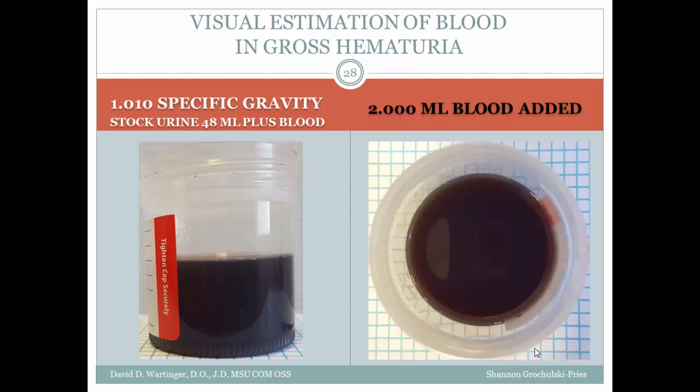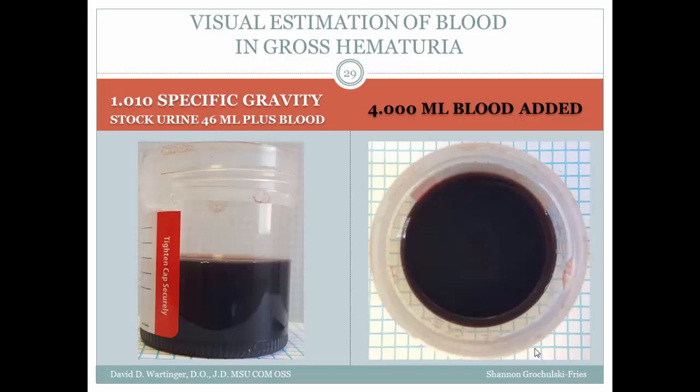Specific gravity 1.010 with 4.000 milliliters blood added. Both views of the specimen are black in color. Minimal bloody froth begins to form on the specimen cup rim with mixing. Patients describe this specimen as, quote, pure blood, unquote.